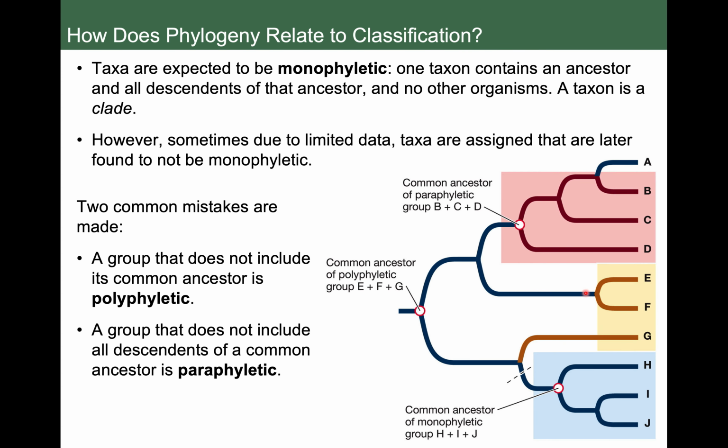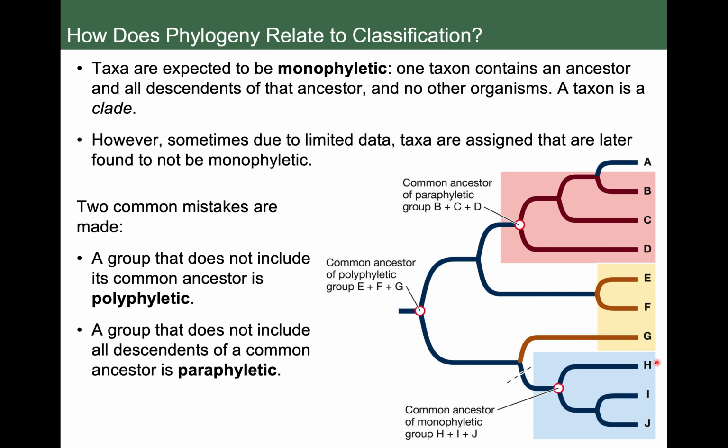And there are certain things that make a quote unquote good taxon. Usually evolutionary biologists want taxa to be what are said to be monophyletic, meaning the group contains all the organisms that should be grouped together and the common ancestor of those organisms.